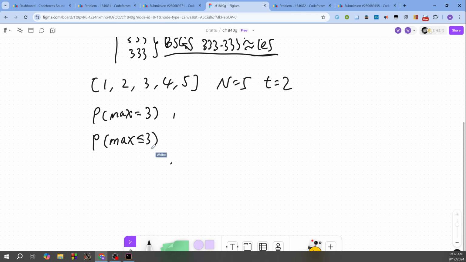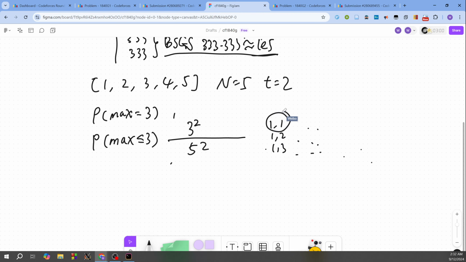There are 5 to the power of 2 ways of choosing 2 numbers randomly, and for maximum value less than or equal to 3, there are 3 squared ways, which include (1,1), (1,2), (1,3), etc.